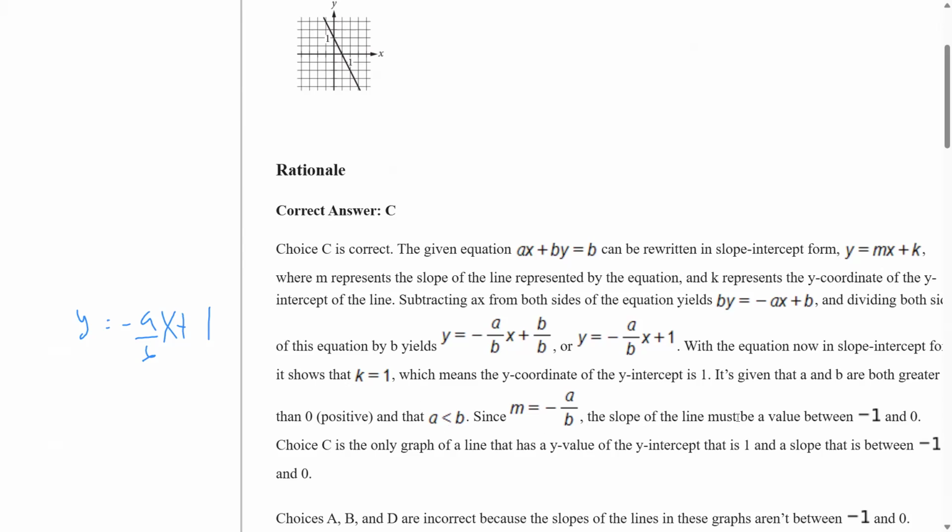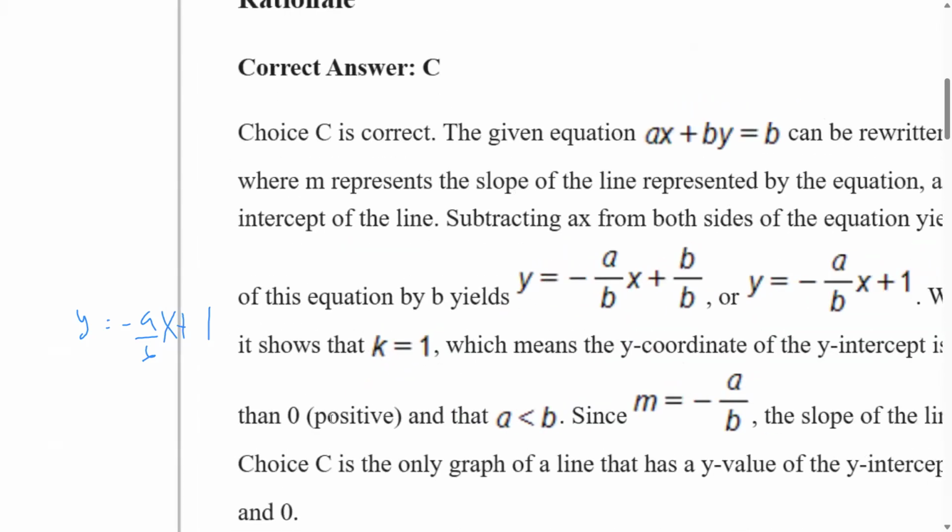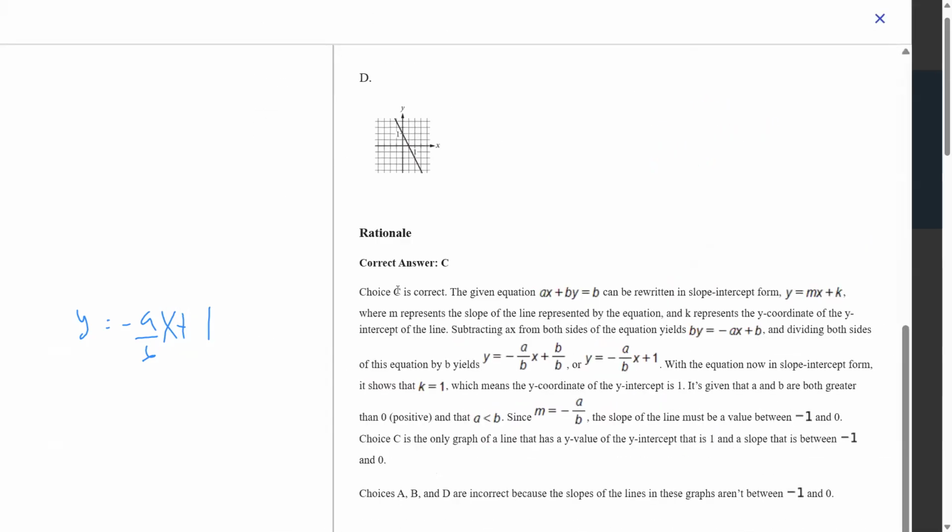It's telling you that the slope of the line must be a value between 1 and 0.